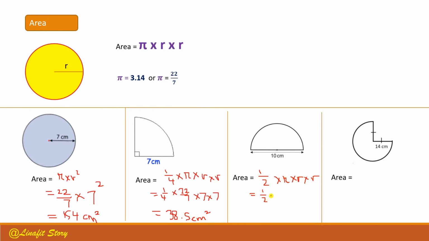So 1/2 times 3.14 times 10 times 10 is equal to 157 square cm. This is 3/4 of a circle, so to get the area is 3 out of 4 times pi times radius squared. 3 out of 4 times 22 out of 7 times 14 times 14 is equal to 462 square cm.